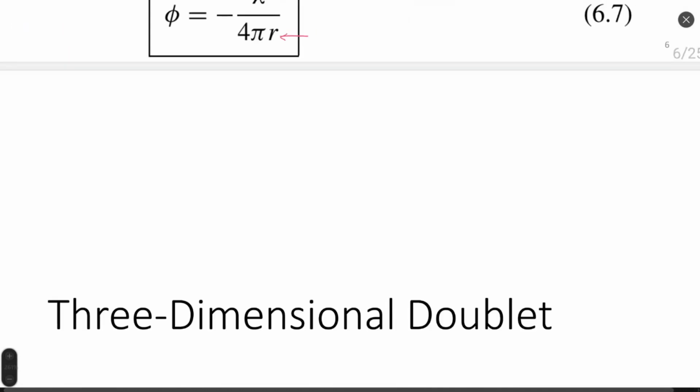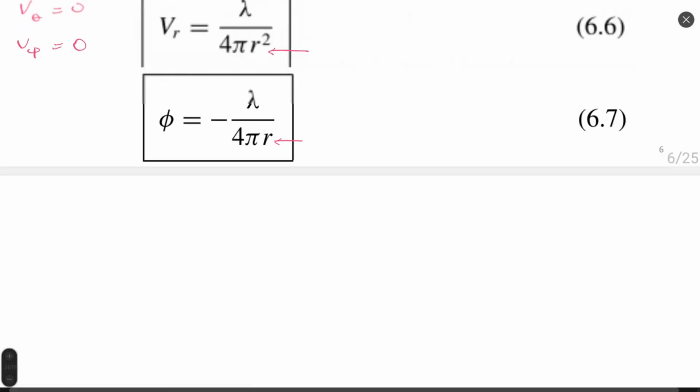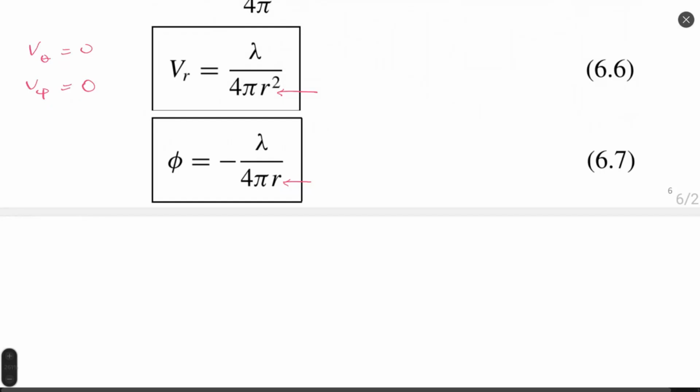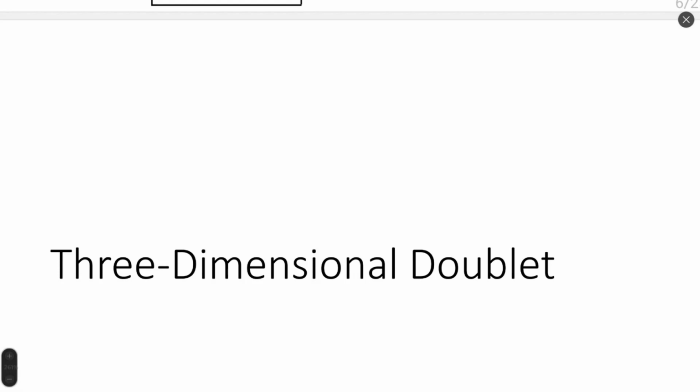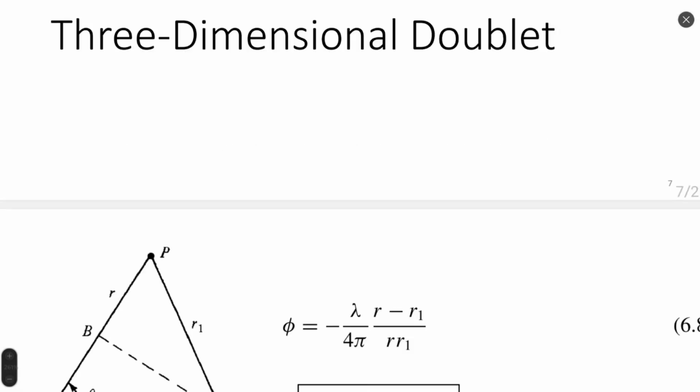Since we have an analytical solution for the radial component of velocity, or total velocity, in this elementary flow, and we have the potential function, we can define all flow properties at any arbitrary point.